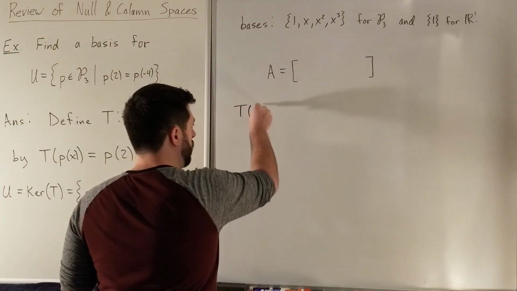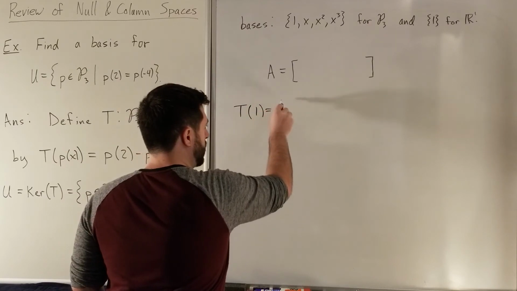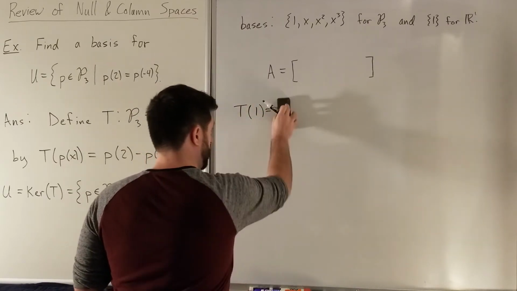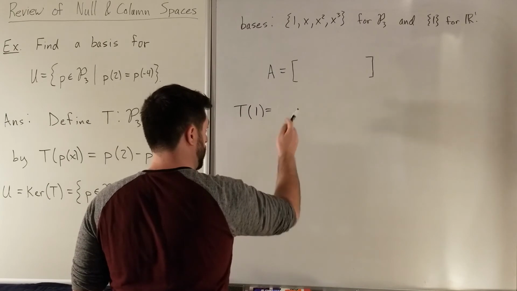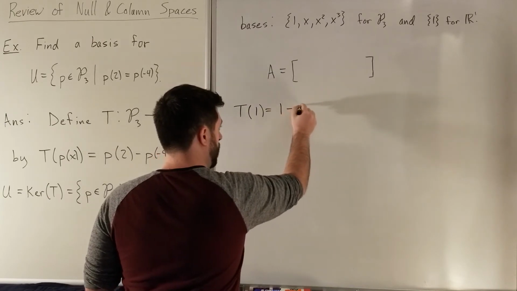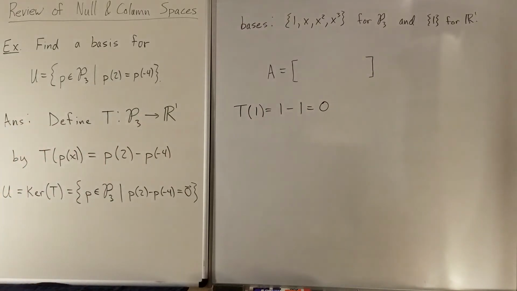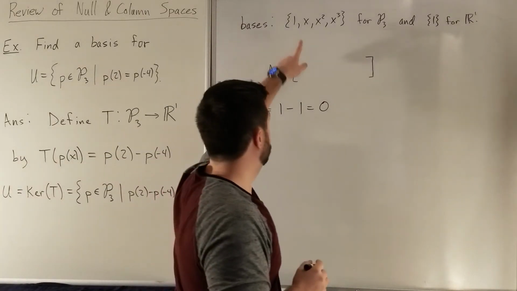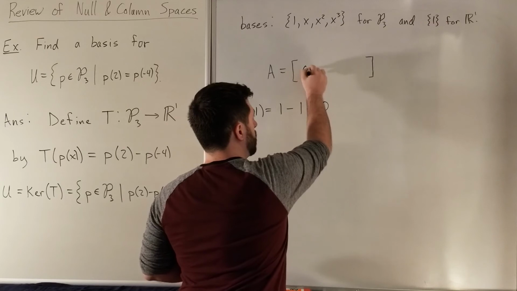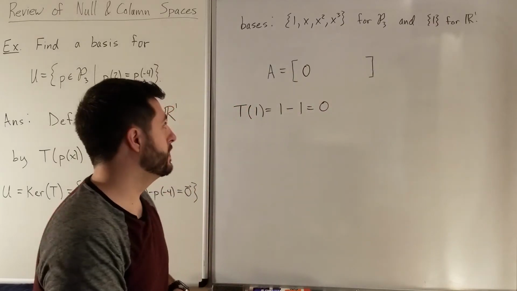So T of 1 is just 0. That was the first basis vector. It gave us 0. That means the first entry in the matrix is 0.